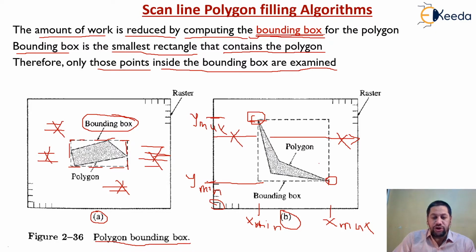There is no need to consider all the pixels on this particular scan line or these areas. That's why the amount of work is reduced by computing the bounding box. I have to find the x minimum, x maximum, y minimum and y maximum values of my bounding box. All the pixels I examine will be checked with x in between x minimum and x maximum, and y in the range y minimum to y maximum.